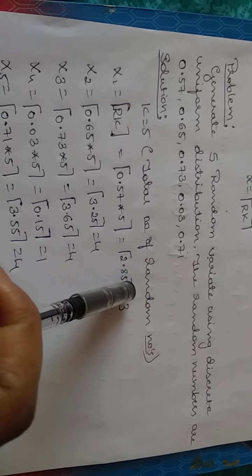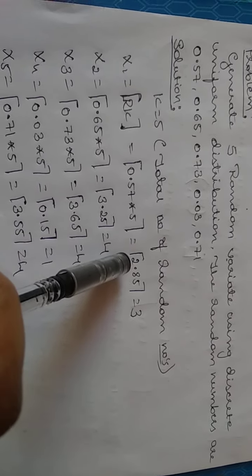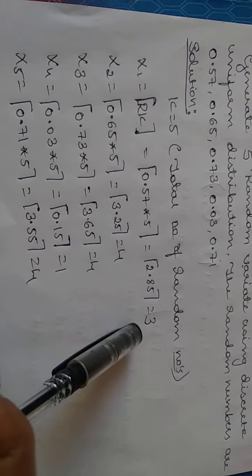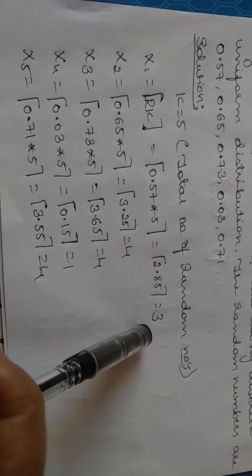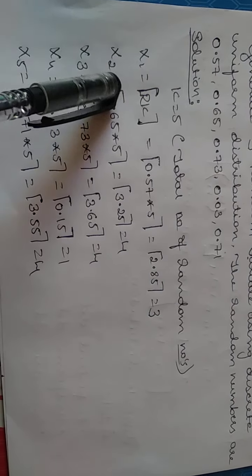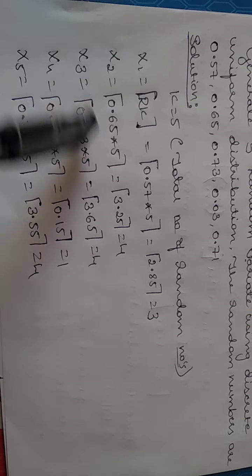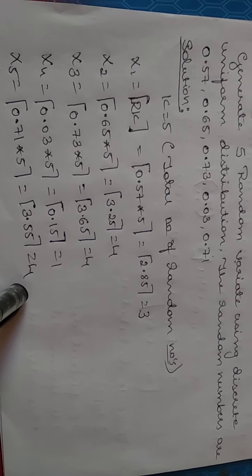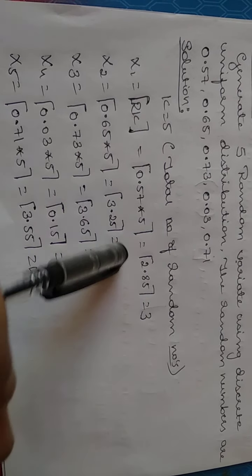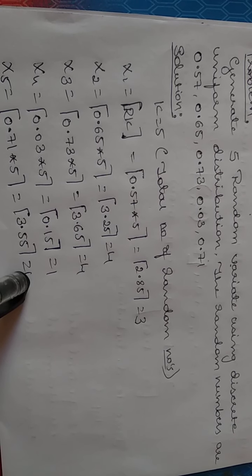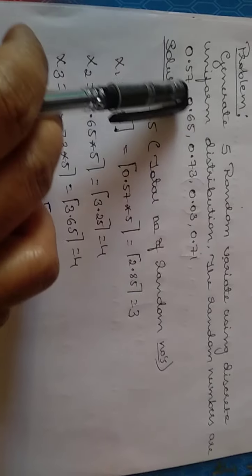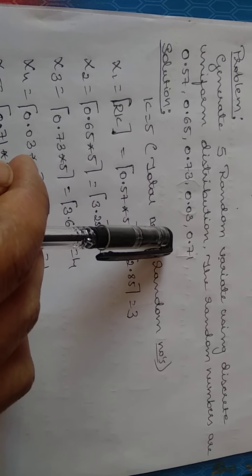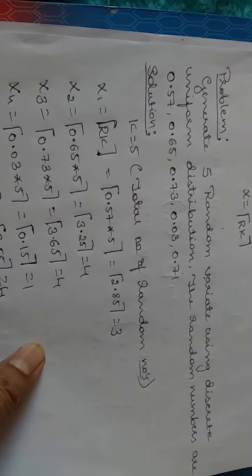You will get the ceiling function of 2.85. Ceiling function means you have to go to the next value, that is 3. In the same way x2, x3 you'll get 4, again x4 is 1, x5 is again 4. These 3, 4, 4, 1, 4 are the random variates for the given random numbers using discrete uniform distribution.